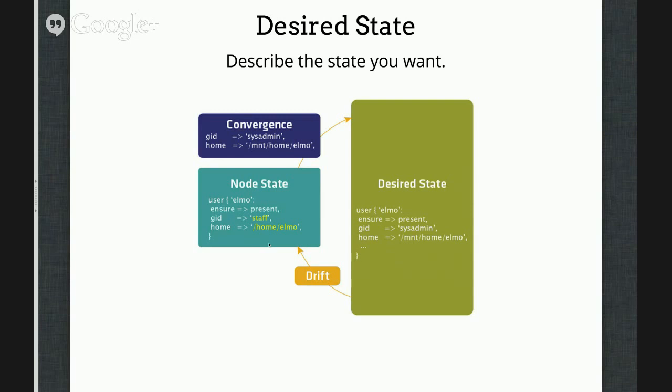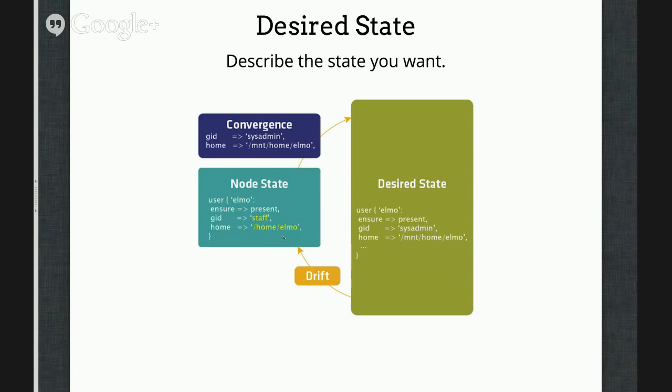I know that this has never happened with anybody out there in the audience. You've all got very, very secure environments. So the sysadmin gung-ho comes on and fixes a problem in production. So he's now fixed the problem on that web server by updating the group ID to be staff and the home directory to be home Elmo. Well, that's not how we need the box to actually be.